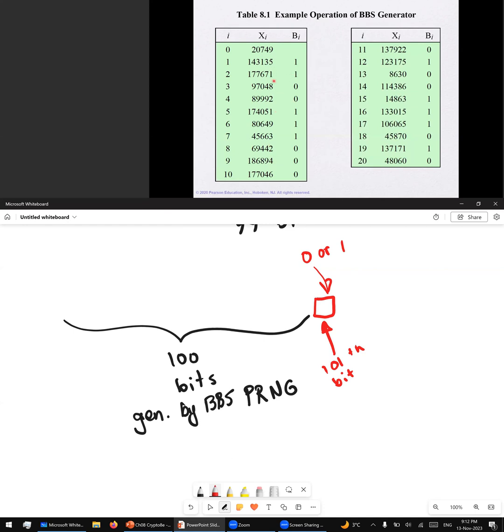And it's not hard to find what the least significant bit is going to be. If it's an odd number, the least significant bit is going to be 1. If it's an even number, the least significant bit is going to be 0, right? And so you can see this string of generated bits: 1, 1, 0, 0, 1, 1, 1, 0, 0, 0, 0, 1, 0, 0, 1, 1, 1, 1.